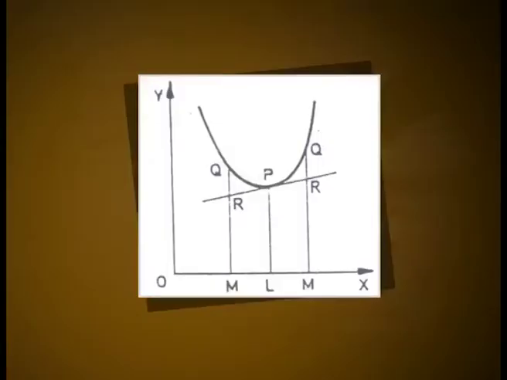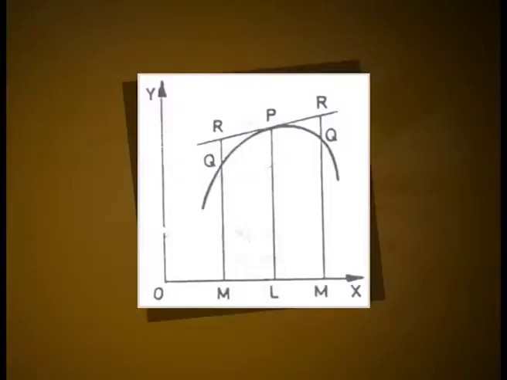First, for concavity upwards at P, RQ is positive when Q lies on either side of P as shown in figure 3a. Second, for concavity downwards at P, RQ is negative when Q lies on either side of P as shown in figure 3b.